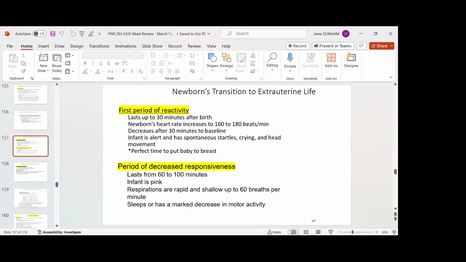And then they go down to their second period of reactivity where they're tired and they sleep. That's a good time for the baby to go to the nursery while mom gets cleaned up in the LDR.